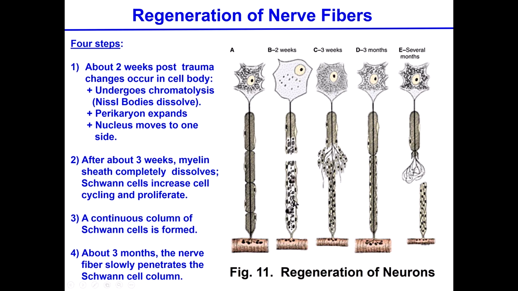The Schwann cells recognize that something has gone wrong with this particular neuron and start proliferating. They start dividing. And of course, as you create more cells in the same space, they have to go somewhere. And the main place where they can go is towards the break, also because the break releases some cytokines or chemokines that are attracting these cells to go to the position of the break.